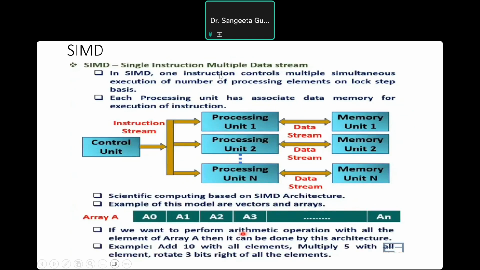This kind of architecture is preferably used to perform scientific computations. Usually arrays and vector processing are the kind of applications that are built using SIMD processing, because when we try to create an array, multiple pieces of information will be fetched at the same time and allocated to different array elements.